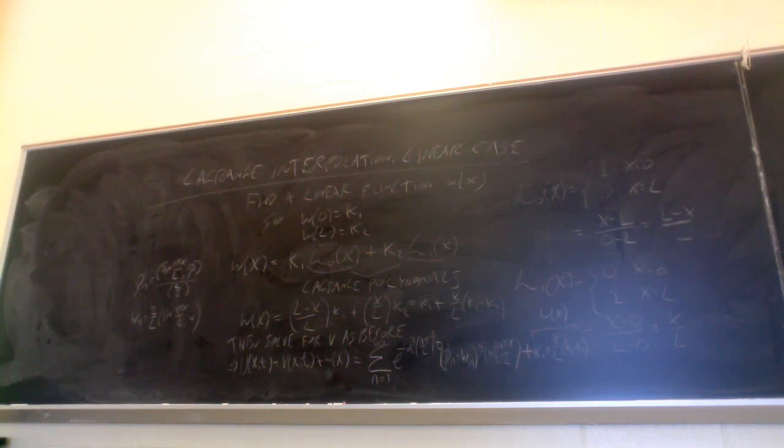So w x of x and t is equal to a of t times the derivative of this. What is the derivative of that?